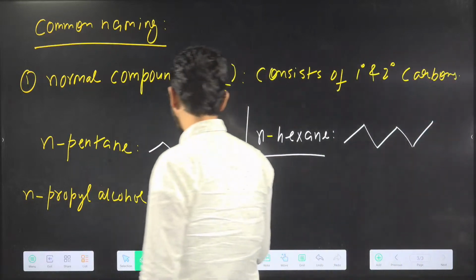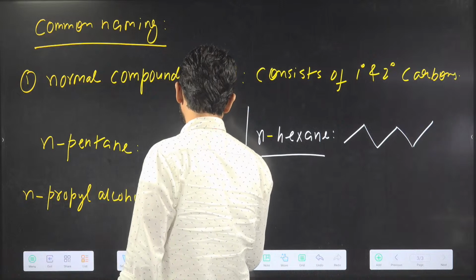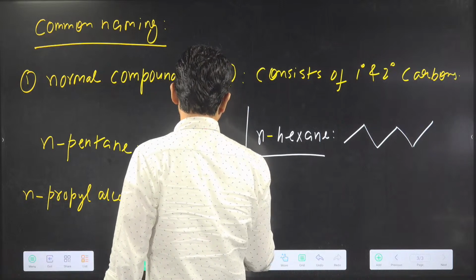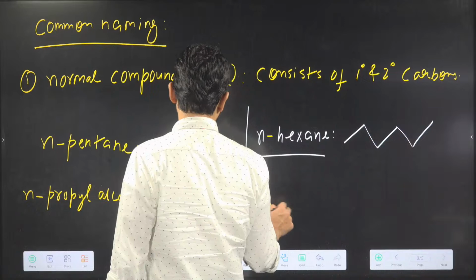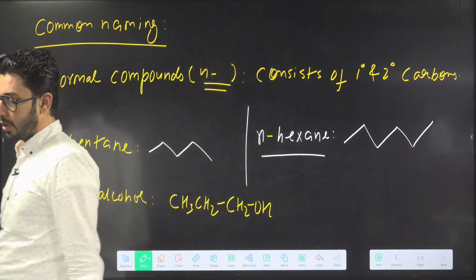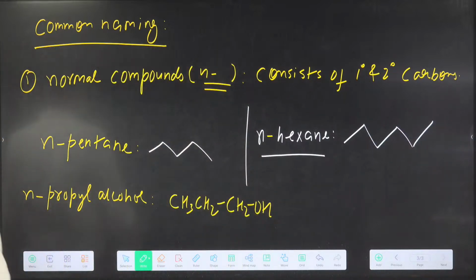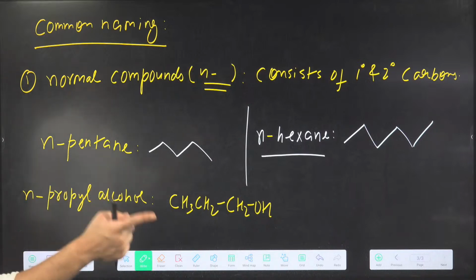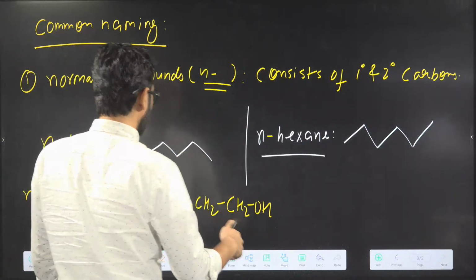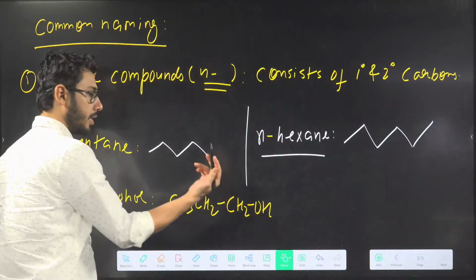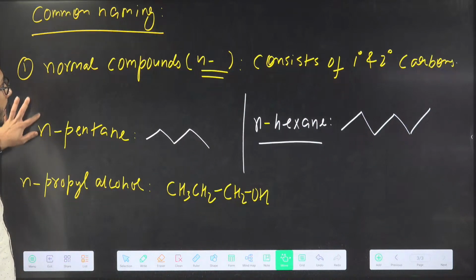Like N-propyl alcohol, so you will write it like this: CH3, CH2, and then CH2 with OH. So whatever group is connected, it will be bonded to primary carbon. That's why any side you can write OH here or there, same. N-propyl alcohol.